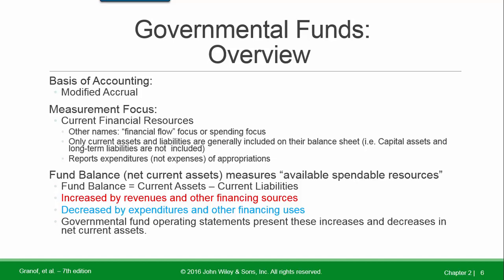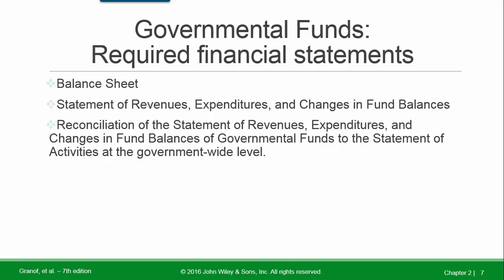Fund balance, net current assets, measures available spendable resources. Fund balance equals current assets minus current liabilities. Fund balance is increased by revenues and other financing sources, decreased by expenditures and other financing uses. Governmental fund operating statements present these increases and decreases in net current assets.